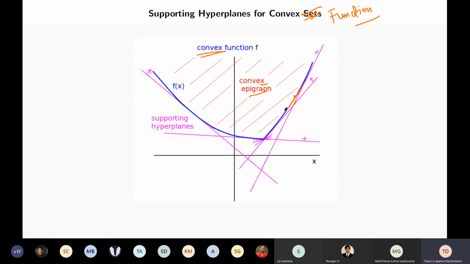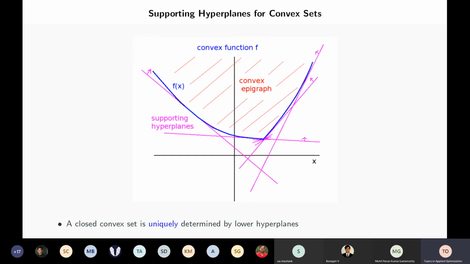Okay, so there will be one unique supporting hyperplane, because this is part of the convex set. Hence I can draw tangents at each point uniquely, and those will indeed be the supporting hyperplanes. Okay, and those will be unique. So that's something we can conclude.